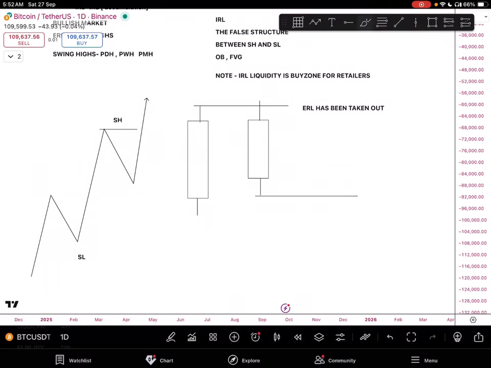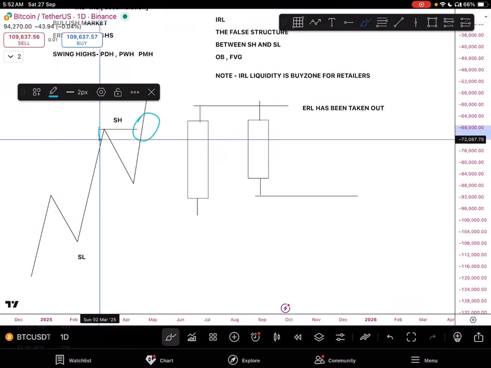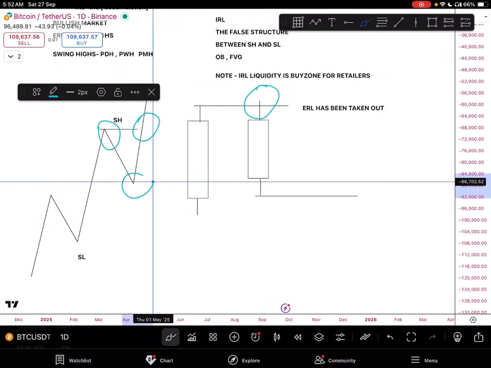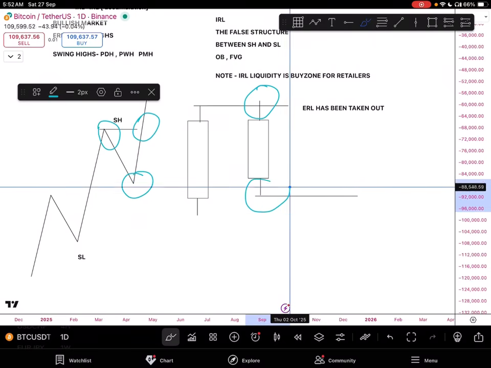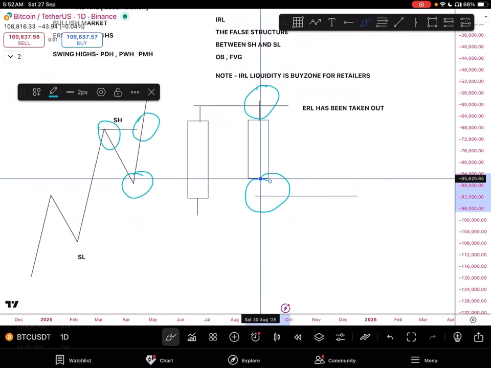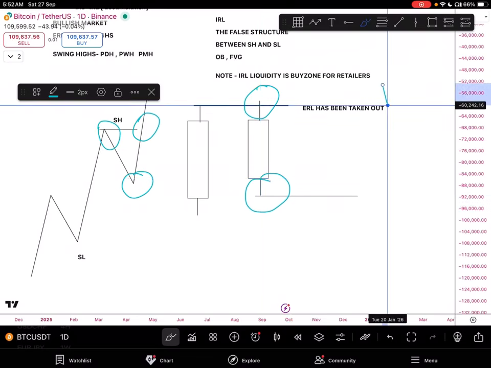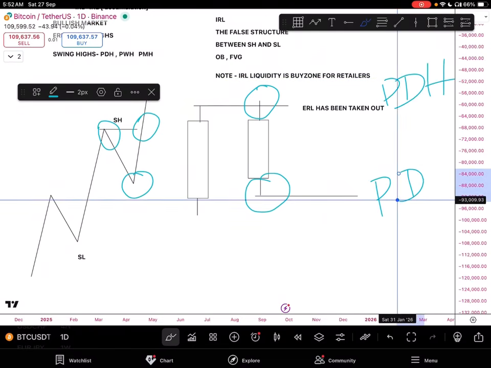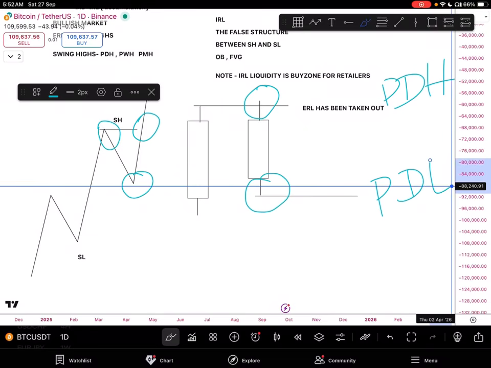If this high was taken out like this, what do we call this low, external range liquidity or internal range liquidity? It is the previous daily low. So many people have confusion. Is this external range liquidity or internal range liquidity?